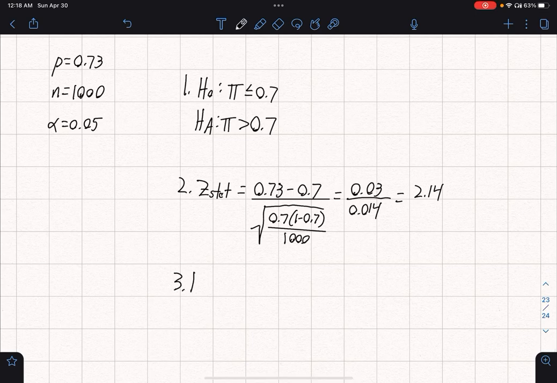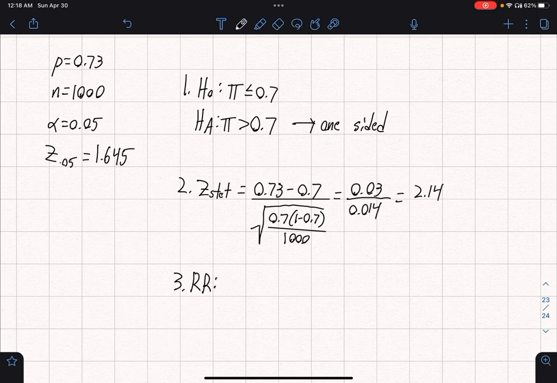Okay, rejection region. This is a one-sided test, so I'm not going to divide alpha in half. We're going to need z.05, which we used in the prior problem, 1.645. Our rejection region follows from the alternative hypothesis, which was pi greater than 0.7.